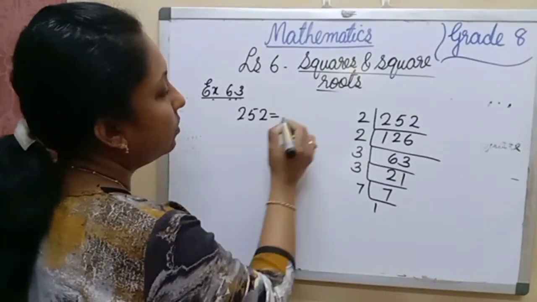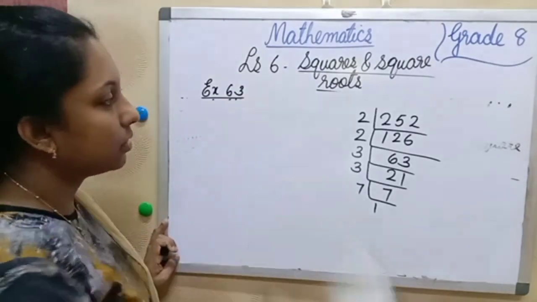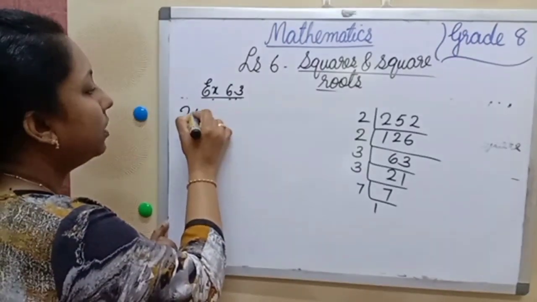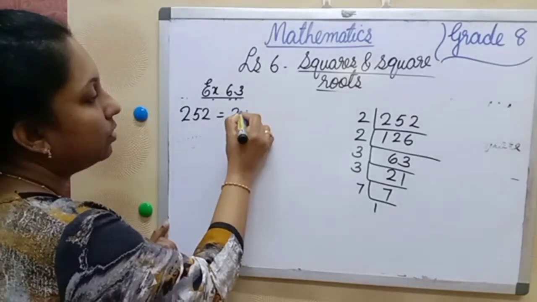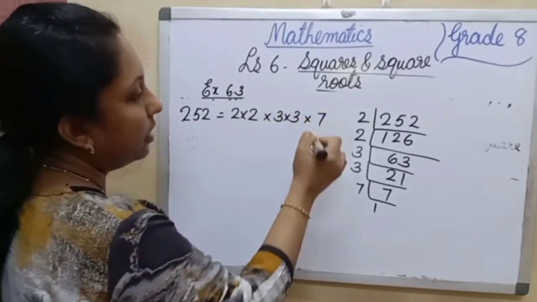So 252 is equal to 2 into 2 into 3 into 3 into 7.